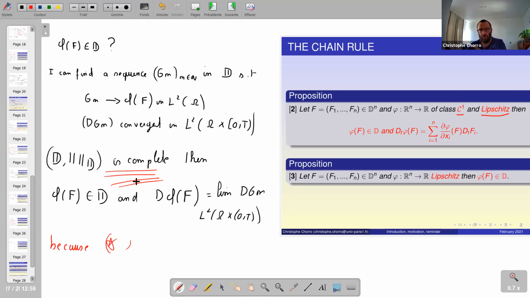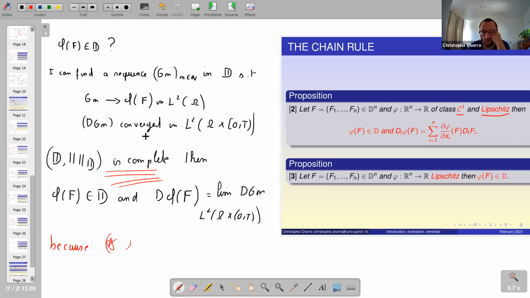So the meaning of this is that Gn is a Cauchy sequence for the norm D. Since D is complete for this norm by construction, the limit exists, and it is necessarily this one.